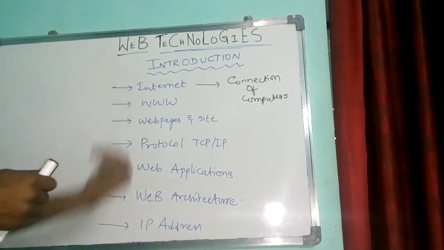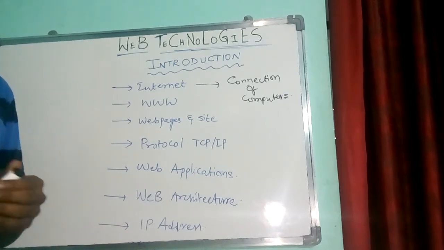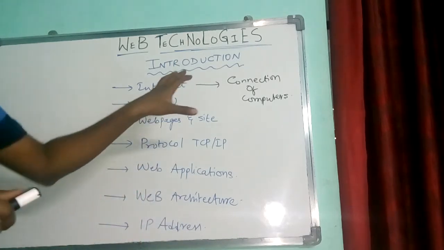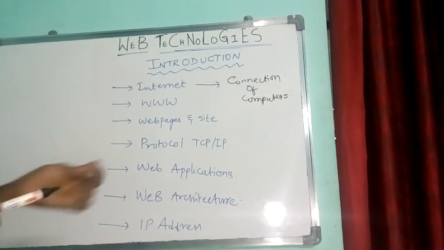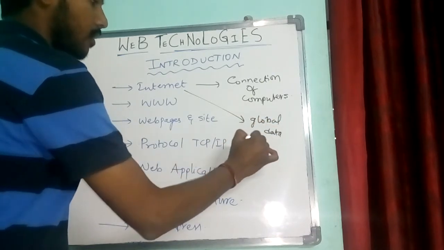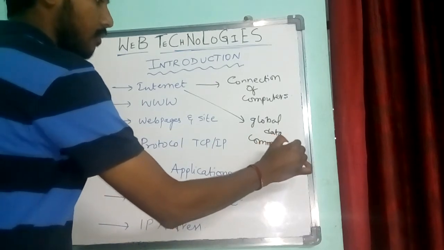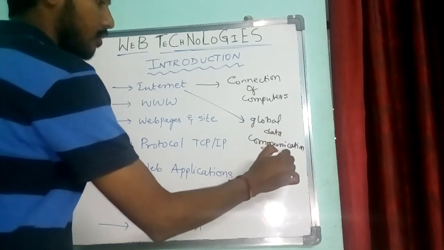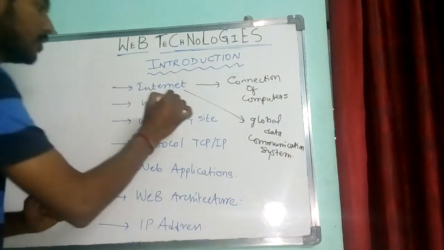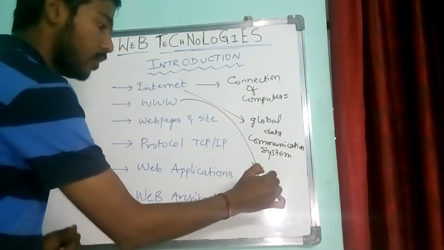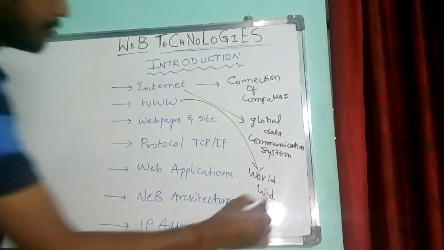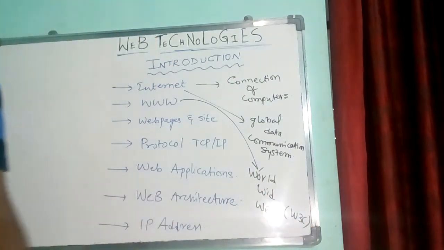They think that both internet and www are the same, but they are different in a big way. The internet is the global data communication system, whereas www is also called the World Wide Web, or W3 Consortium.